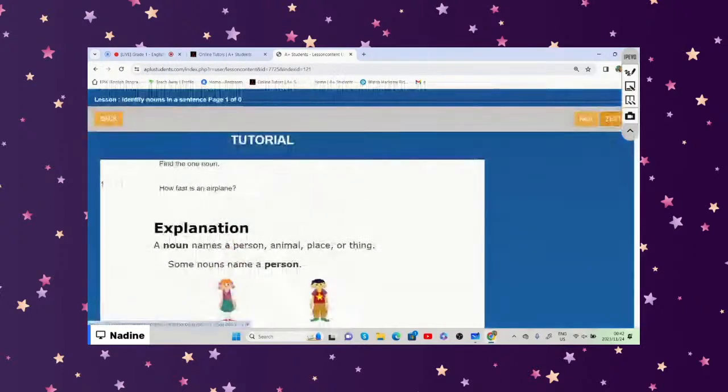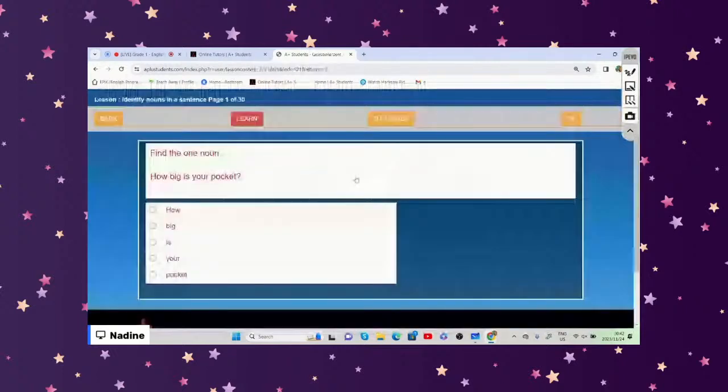So now let's do a test. This is now where we identify nouns within the sentence. How big is your pocket? So is it how big is your or pocket? So now we need to find the one noun.